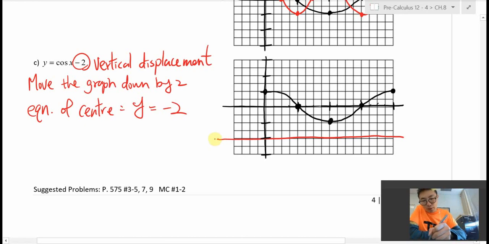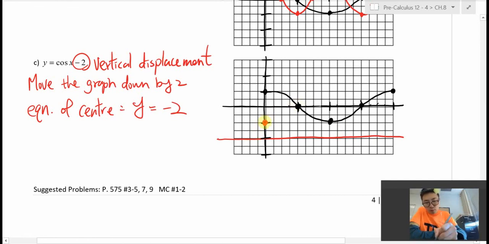Therefore, if this is our new center line, again, we are going to start with the maximum. But since we moved the center line down by 2, the maximum is now just 1 above the center line. And that's why it's here. Also it makes sense: 1 minus 2 is negative 1. So that's my new maximum. But if you just think about the relative location, the amplitude is still 1, and therefore the maximum is 1 above your center line.